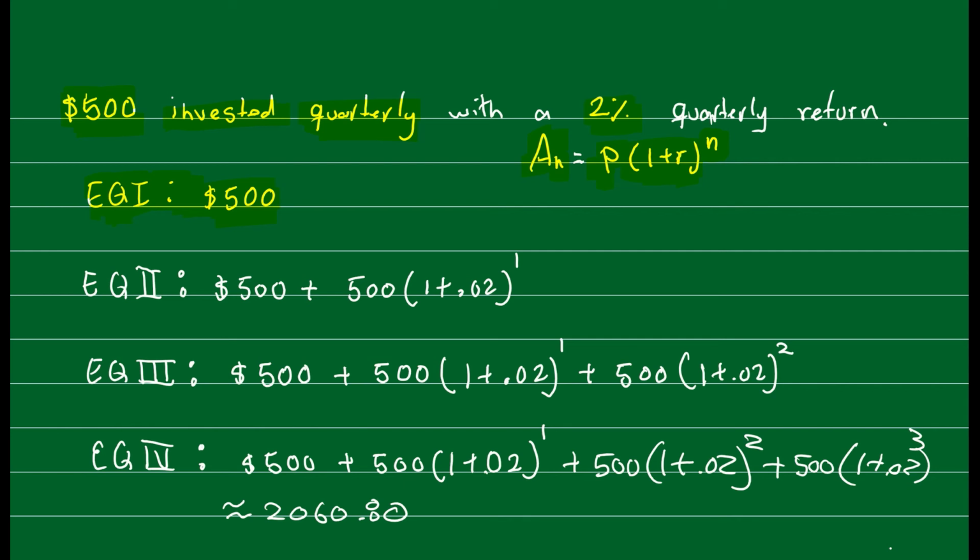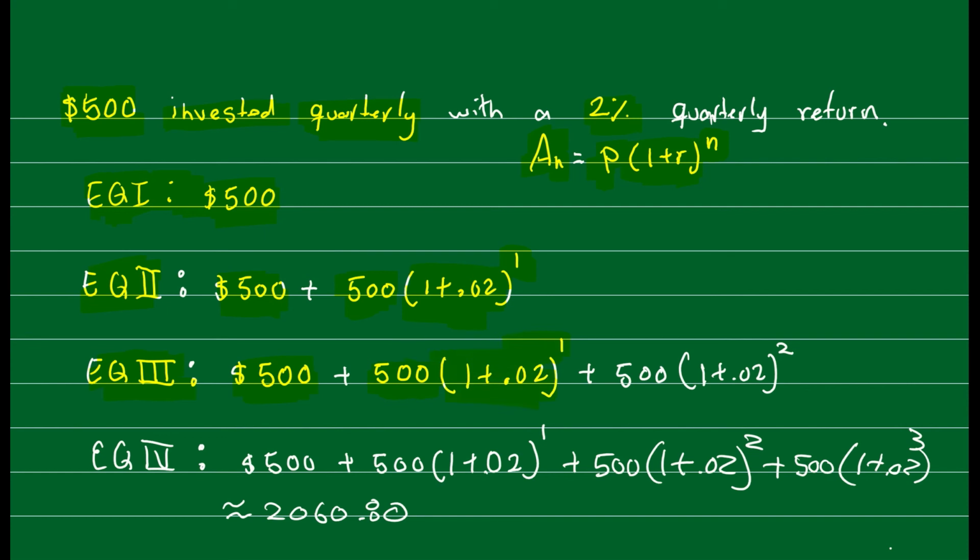So let's go to the end of quarter two and see what's in our account. Well, in our account is going to be the $500 that you just put in, plus the $500 that you put in from quarter one. They had a chance to compound for one period. And at the end of quarter three, well, what amount is in this account? It is the $500 that you just invested plus the $500 that you invested on quarter two.